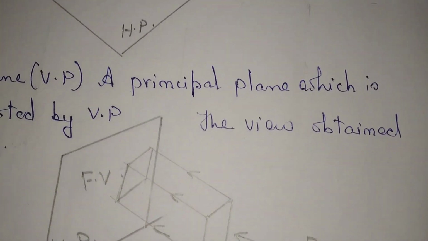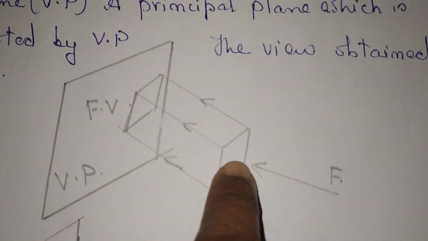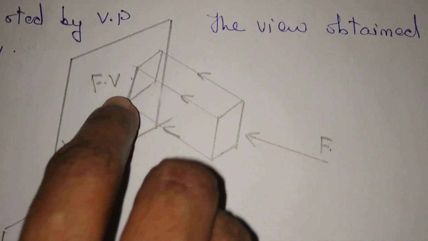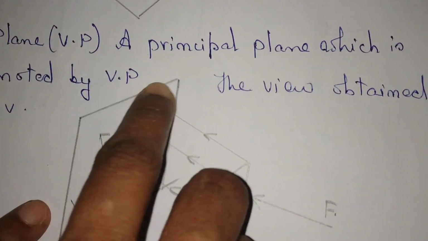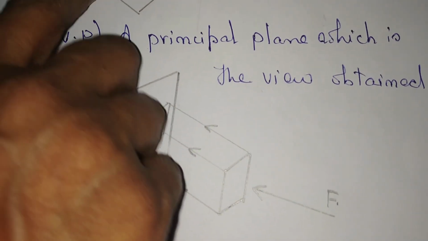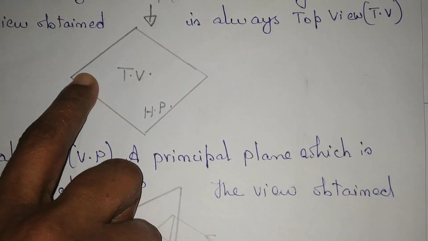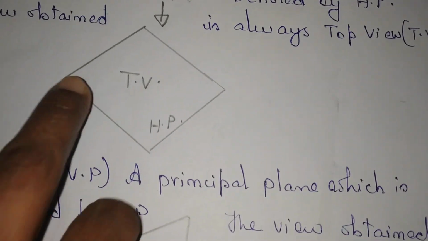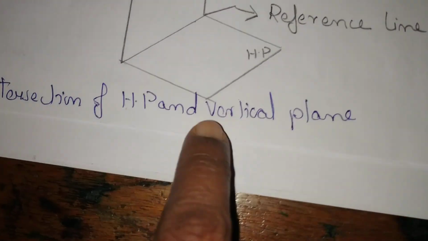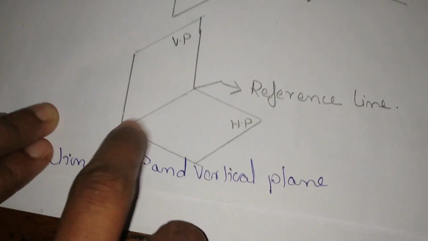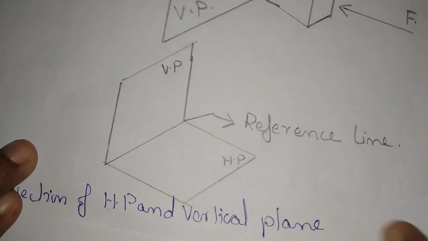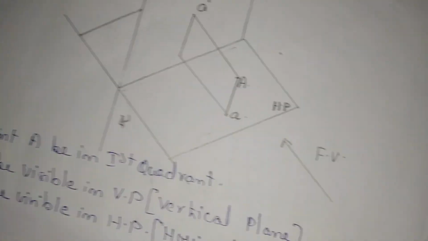Just for your reference, when an object's front view falls on the VP, the image you will see is your front view, and the image which falls on the HP plane will obviously be your top view. So this is the intersection of HP plane and VP plane, the reference plane or reference line.